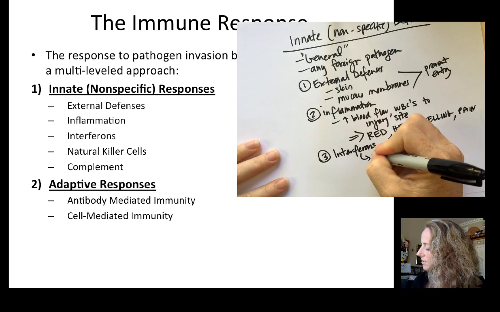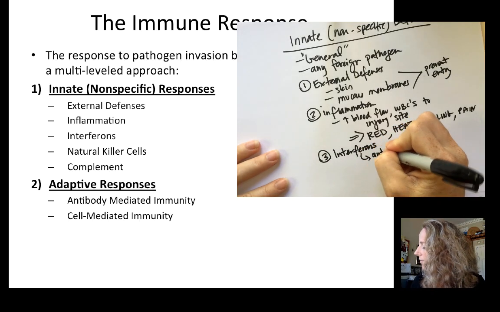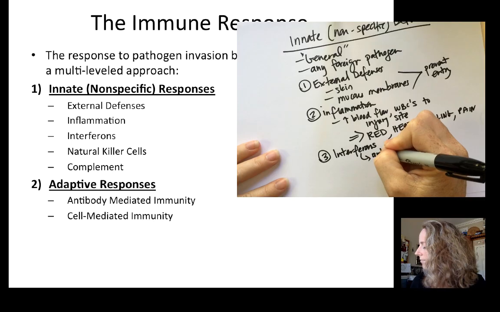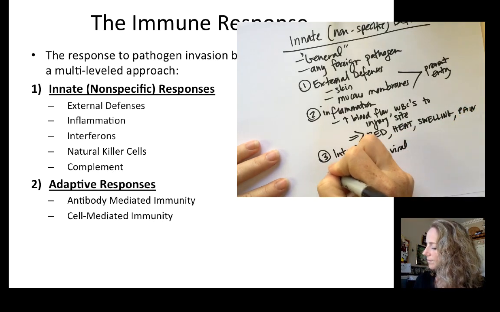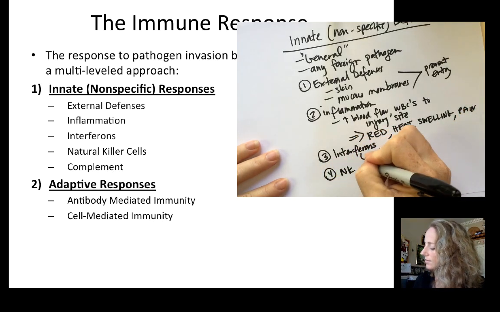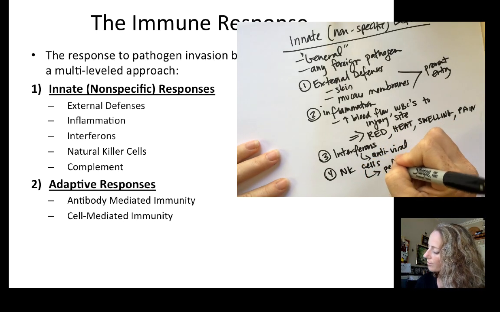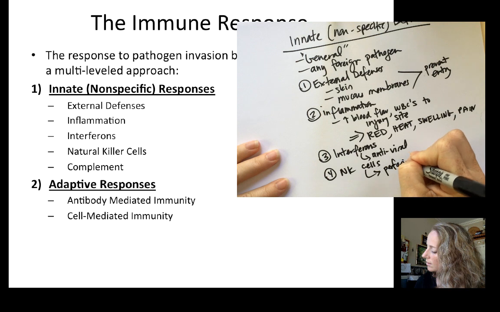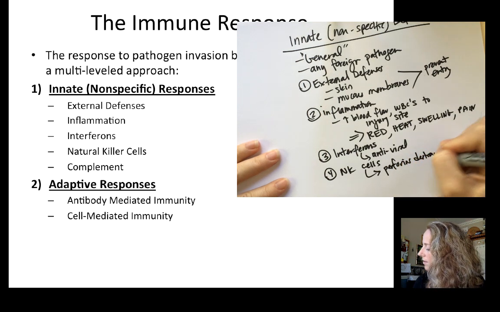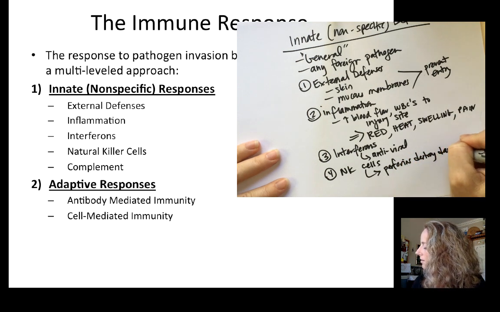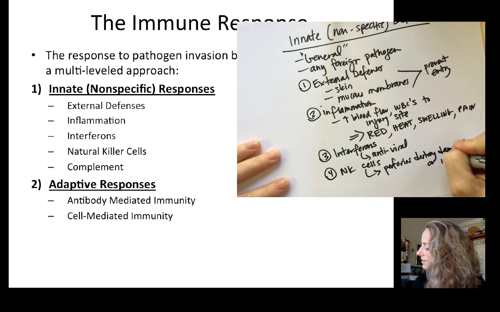So interferons are going to be antiviral. Natural killer cells are going to use perforins to destroy damaged cells or infected cells.